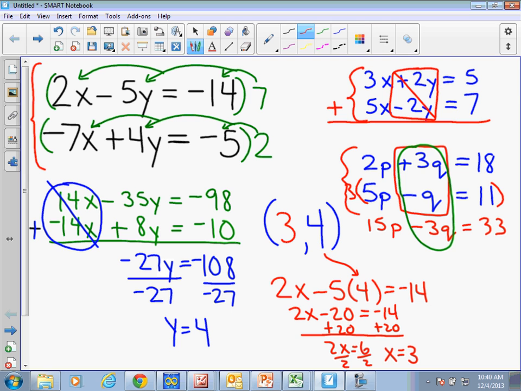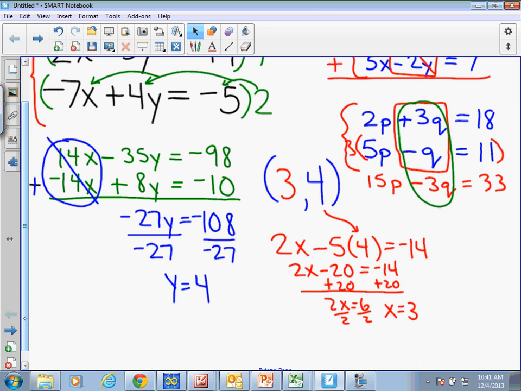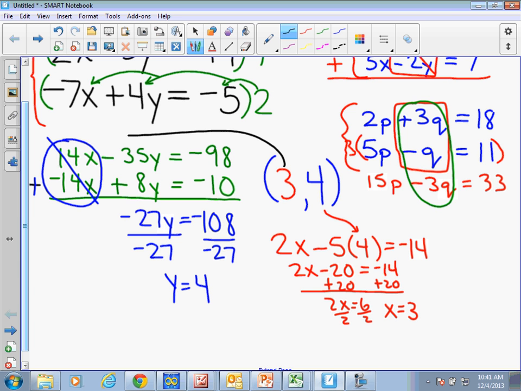But again, I want to check my result. So I'm going to check it in the bottom equation. So I'm going to replace the 3 in for the x and the 4 in for the y and make sure it checks. So I have negative 7 times 3 plus 4 times 4.